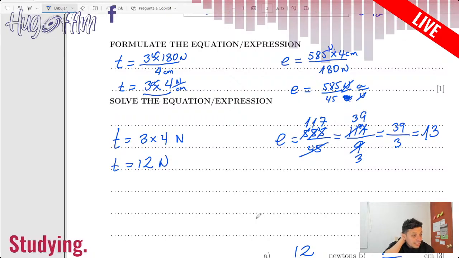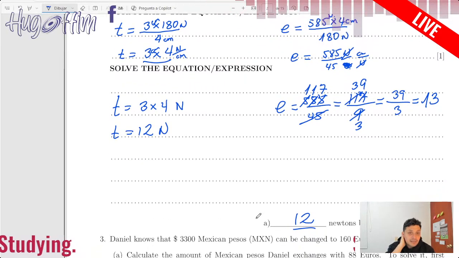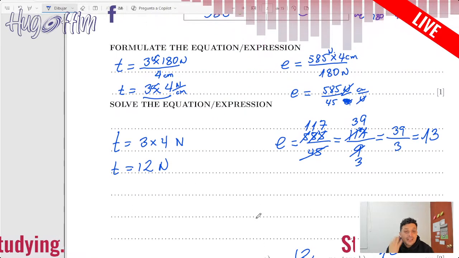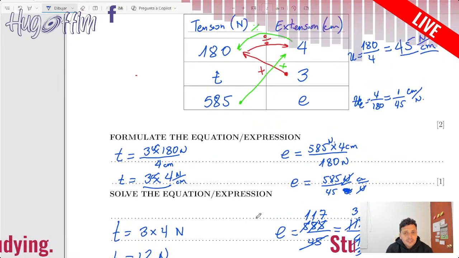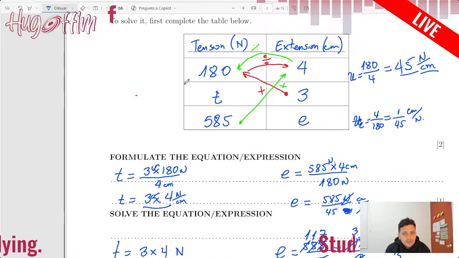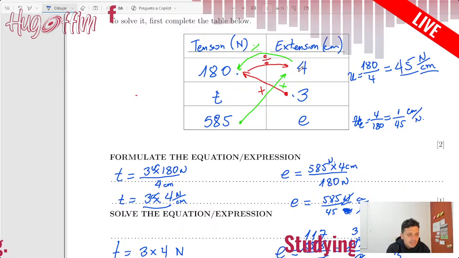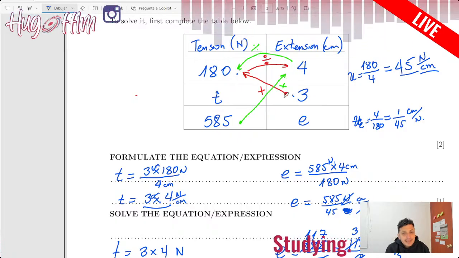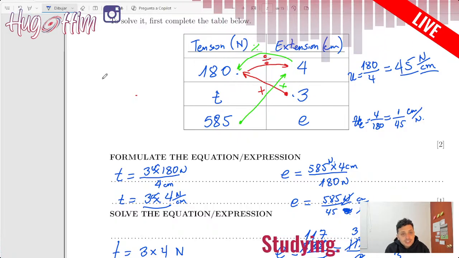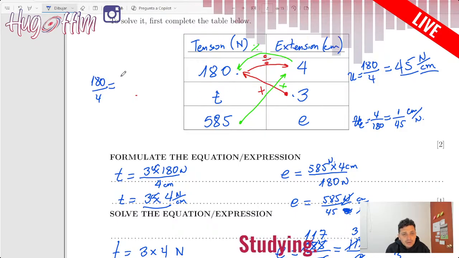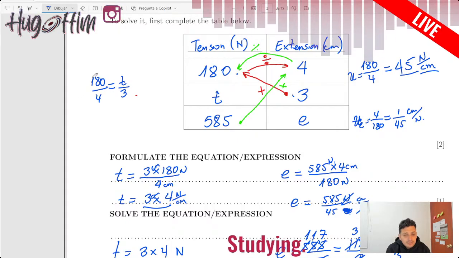Okay? So this is how you can calculate using direct variation. So you have 3 options. First option, follow just the rule. Go to the opposite. Multiply opposite by above or below, and divide by the one of the same line. Second option, know the ratios. 180 over 4 must be equal to T over 3 and solve the equation.